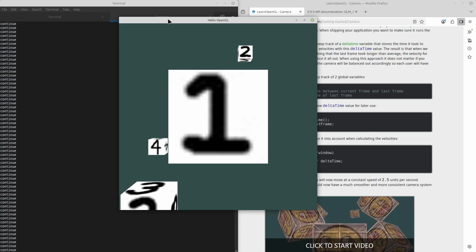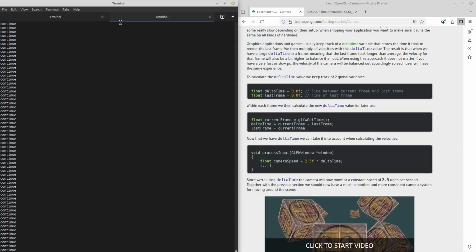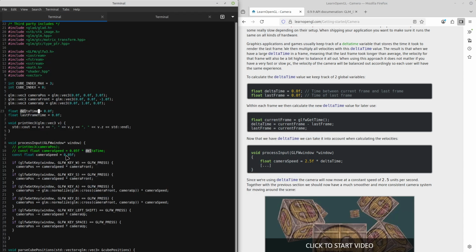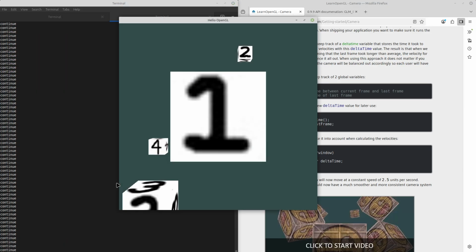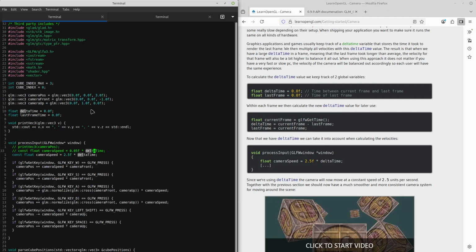Okay, so we're still moving here. Cool. Oh, we probably just need to increase the speed. Maybe? Because they changed it to 2.5. Perhaps. No, it just doesn't work now. Interesting.